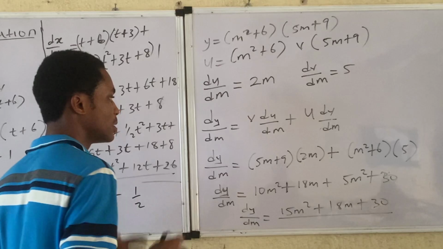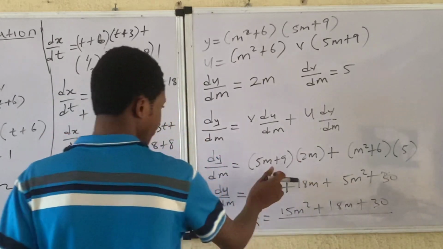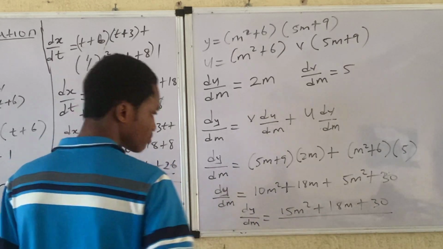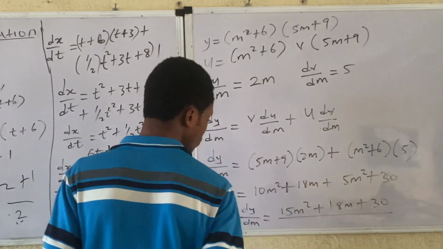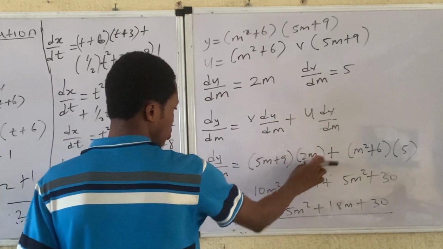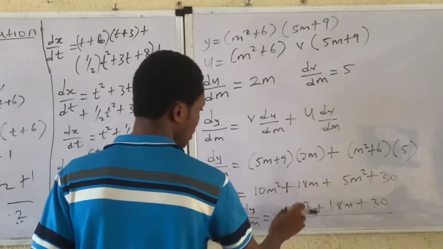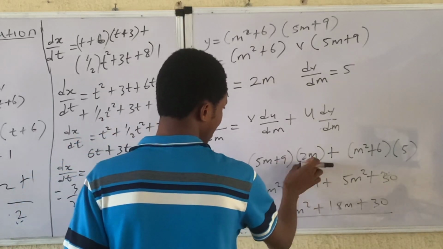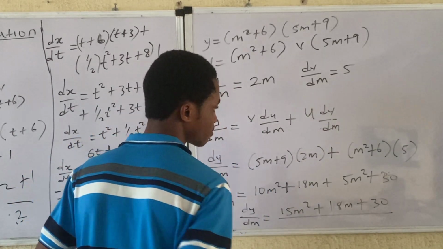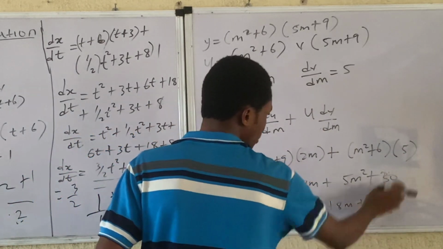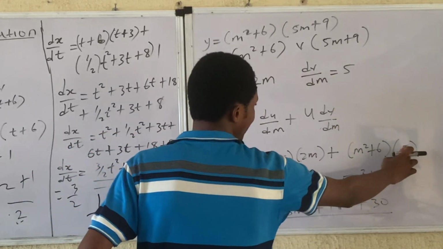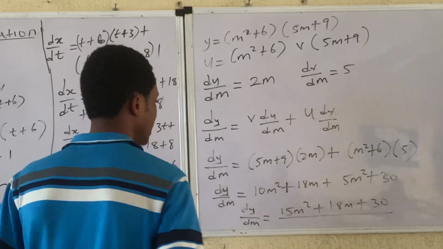Now we open the bracket by multiplying it with this one. Now dy/dm equals, 2m times 5m will give you 10m squared, plus 9 times 2m will give you 18m, plus, we use 5 into this one now. 5 times m squared will give you 5m squared. 5 times 6 will give you 30.